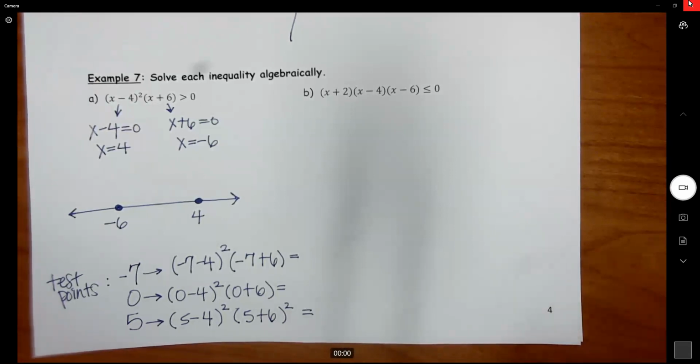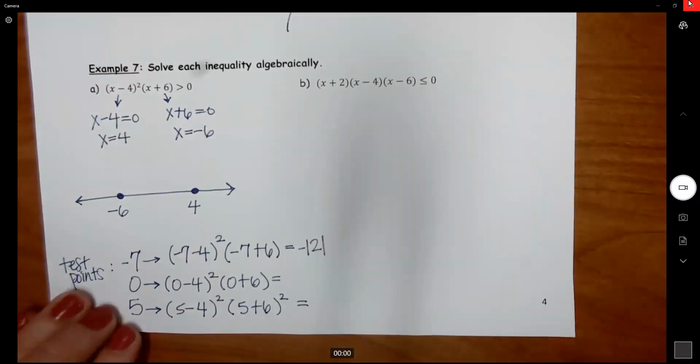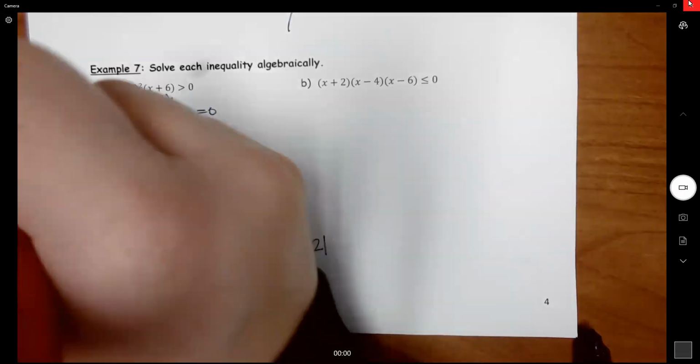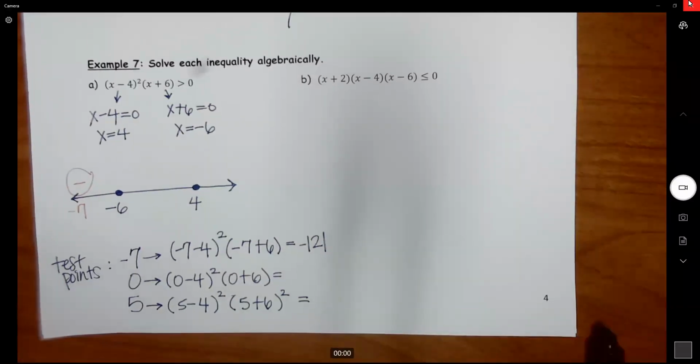And what we care about again is, is it positive or negative? So this first one is a -121. So for -7, we get negative in that area.